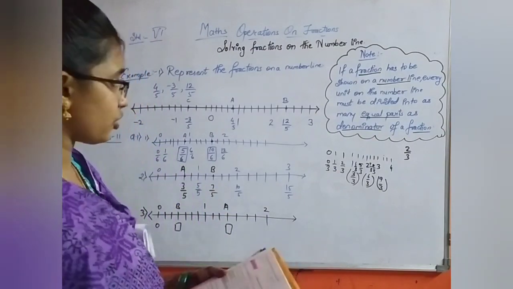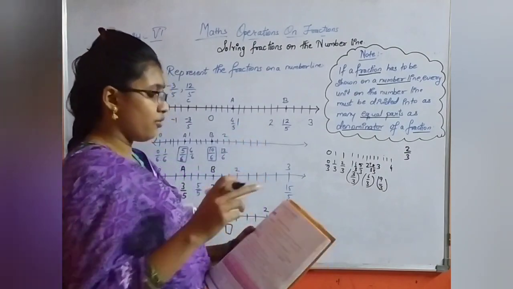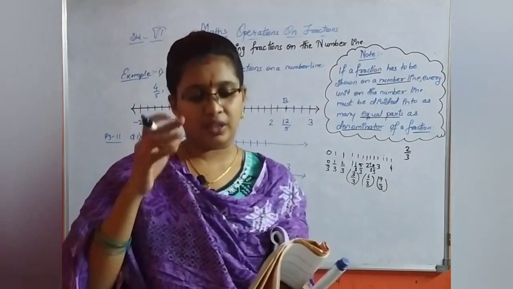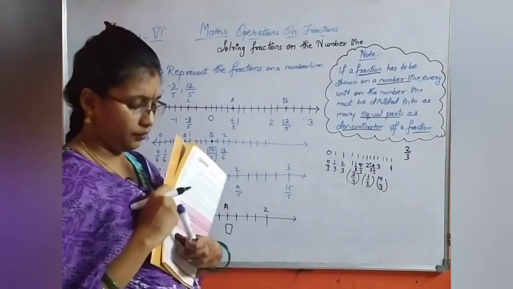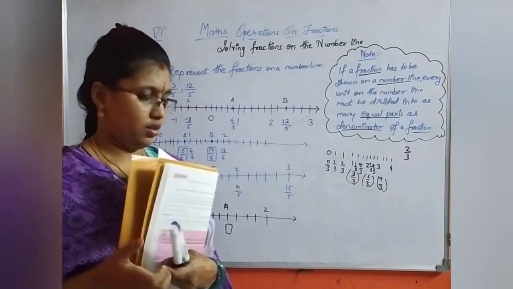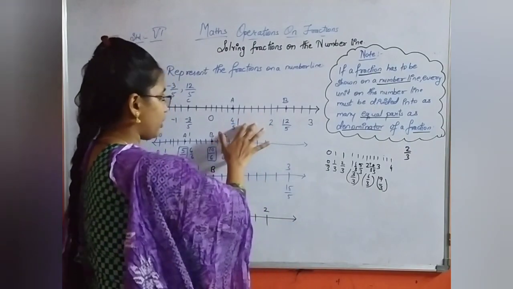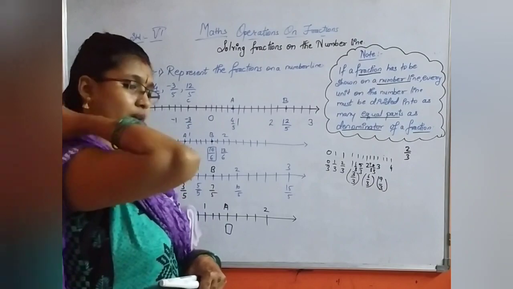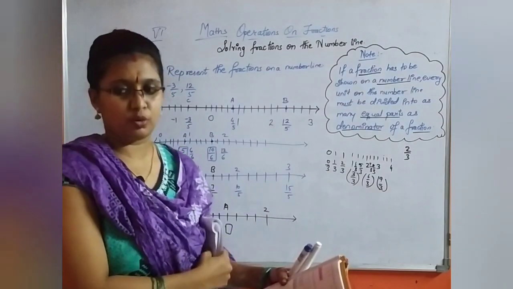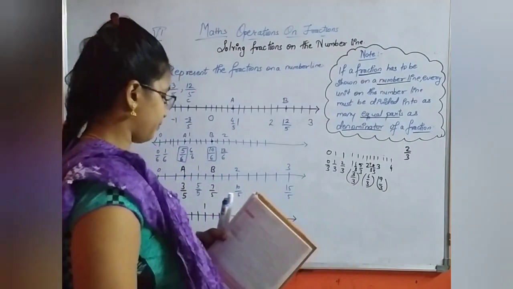Now the second question is similar to this one, where two groups of numbers are given, which we have to plot on the number line. I will solve one for you so that you will understand the same thing which we have done here. The same thing is there in your problem set also. Still I will do one for you, and the rest you will do on your own.